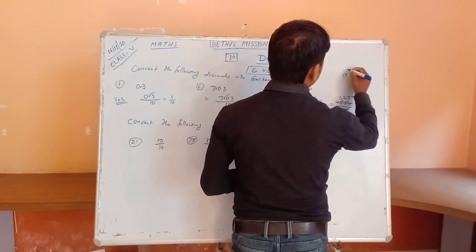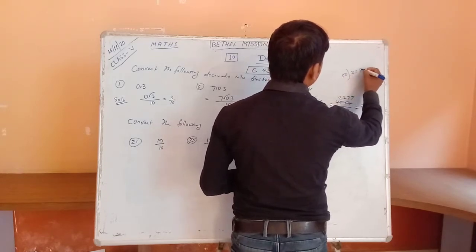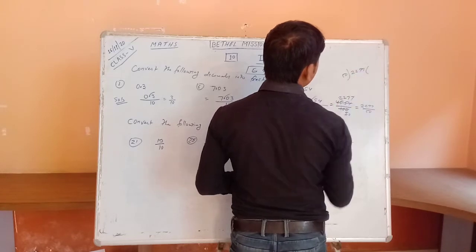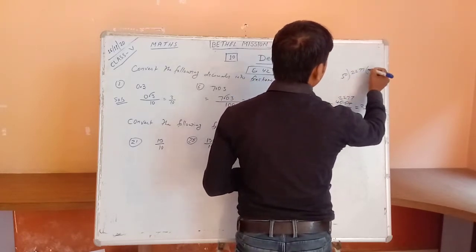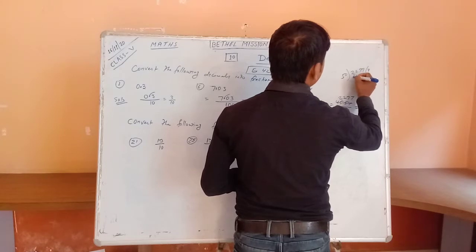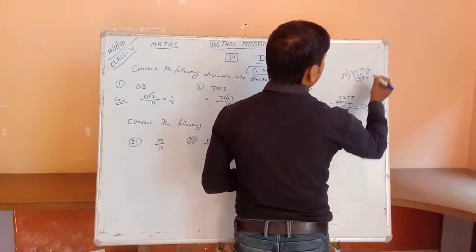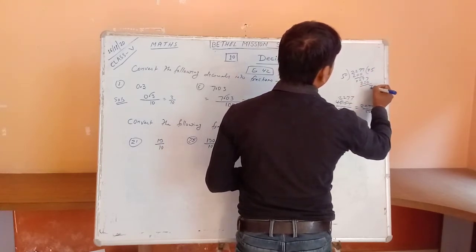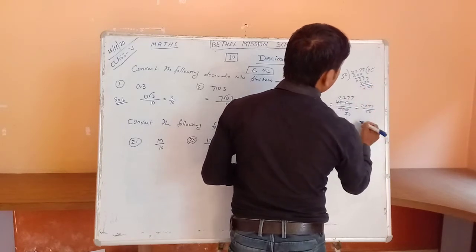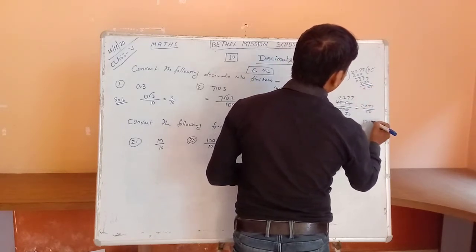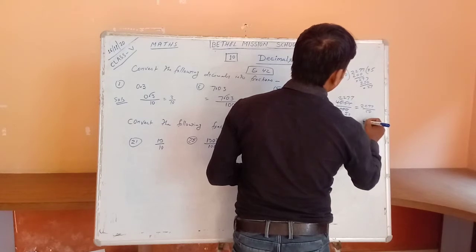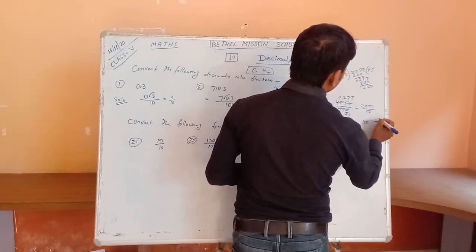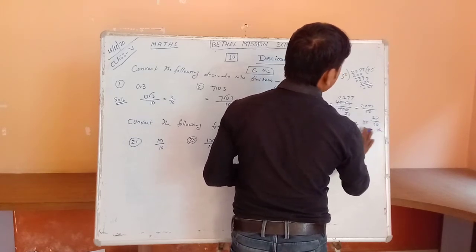Now you can divide 2277 by 50. 50 times 4 is 200, 50 times 5 is 250, and 27 is the remainder. So we write 45 and the remainder 27 over 50. Okay, this is the answer.